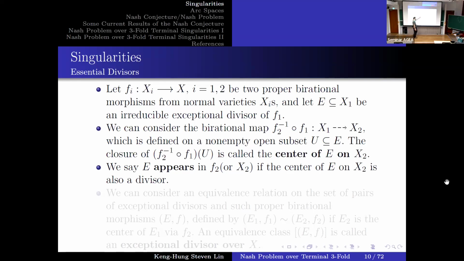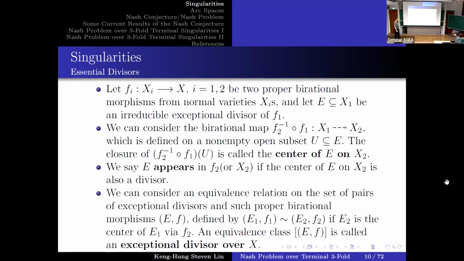Because when you transport to here, the center on X2 might not be a divisor; it might just be some higher codimension subset. So when we say it appears on X2, it means that it appears on X2 as a divisor. So for every resolution, we can consider a bunch of divisors, and we can define an equivalence relation between them: E1 is equivalent to E2 if they appear as centers of each other.